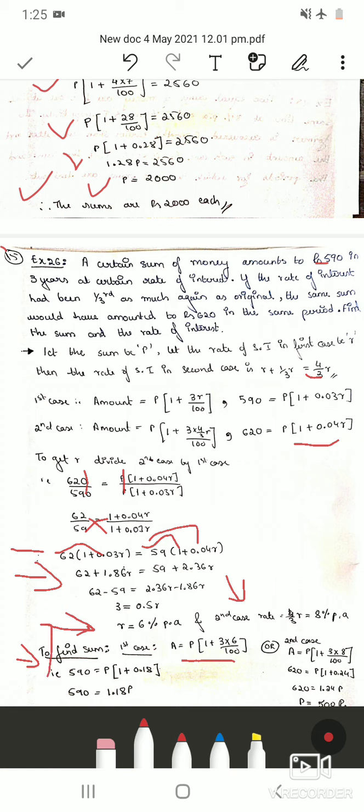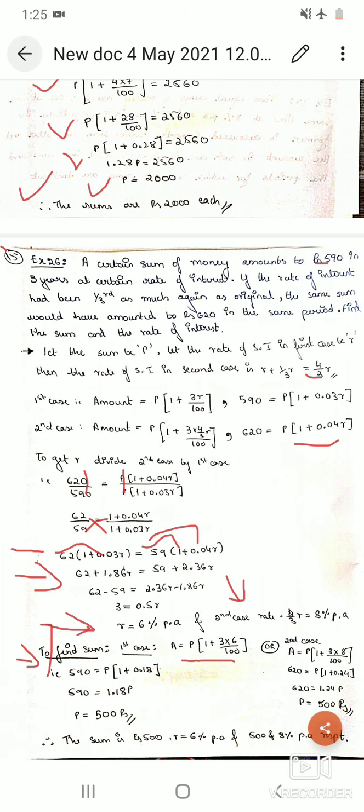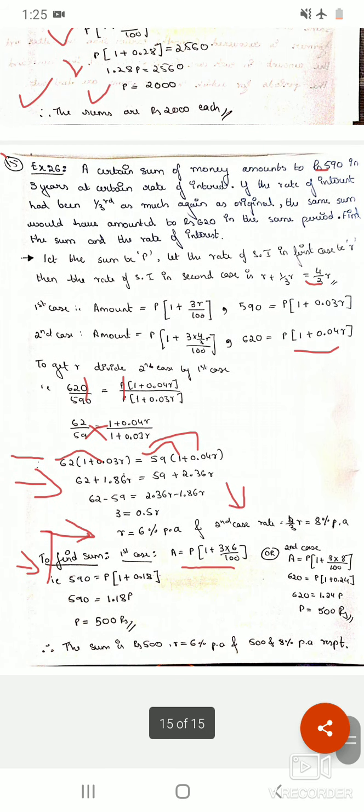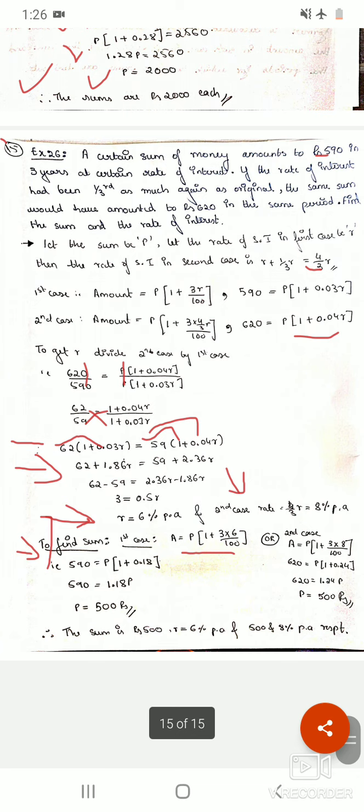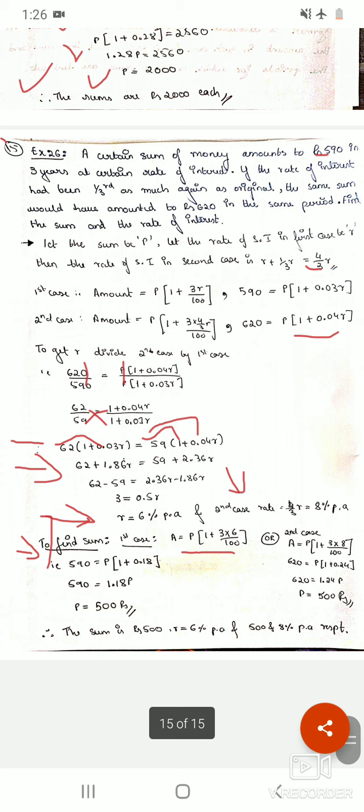So it is 590 is equal to 1.18P, therefore P is 500 rupees. You can try the same with the second case. Again substitute R as 8 in the formula, the amount is 620. Simplify, and you will get P as 500.